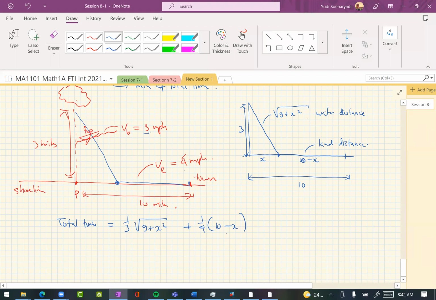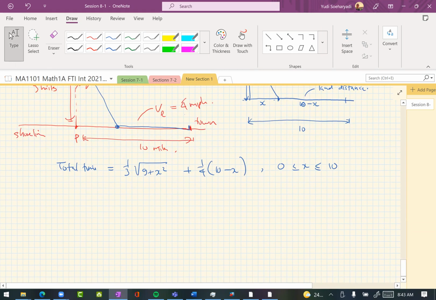So x, you had better restrict x. x is non-negative, but it must be less than 10. So this is the objective function, and this is the restriction, the constraint.